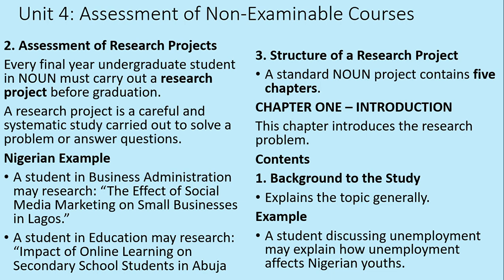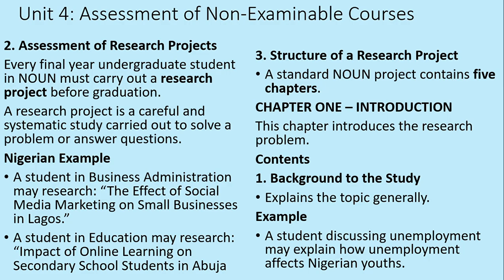From the first one, chapter 1, which is the introduction. Before chapter 1, there's going to be an acknowledgement, dedication, abstract, and table of contents. That one is not part of this, although it has to be there.